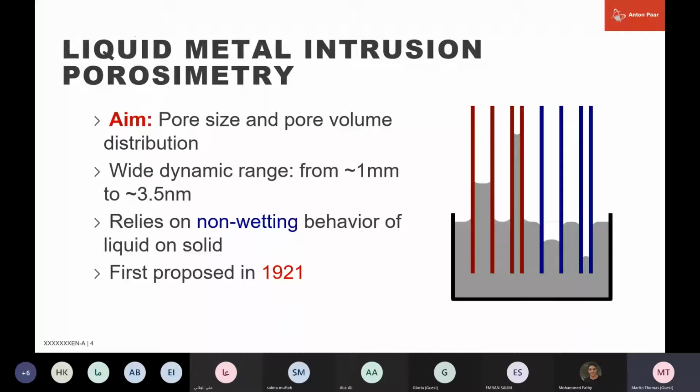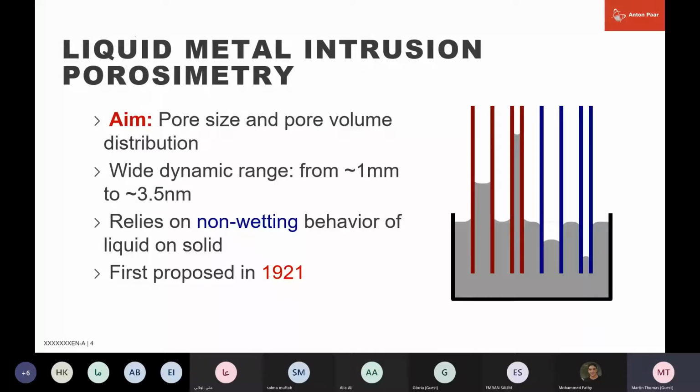Conversely, a non-wetting liquid likes itself greater than it likes the surface of the capillary. So the cohesive forces, if you like, are higher than the adhesive forces. So it doesn't want to reside in the capillaries at all. It wants to be outside the capillary. And depending on the size of the capillary or pore, will determine the degree to which it will dislike that pore.